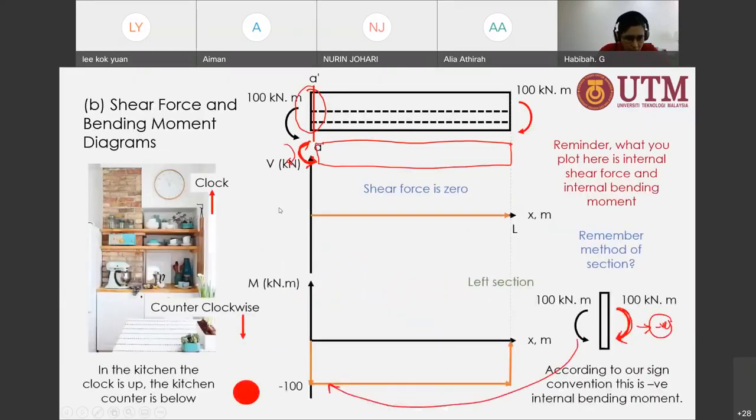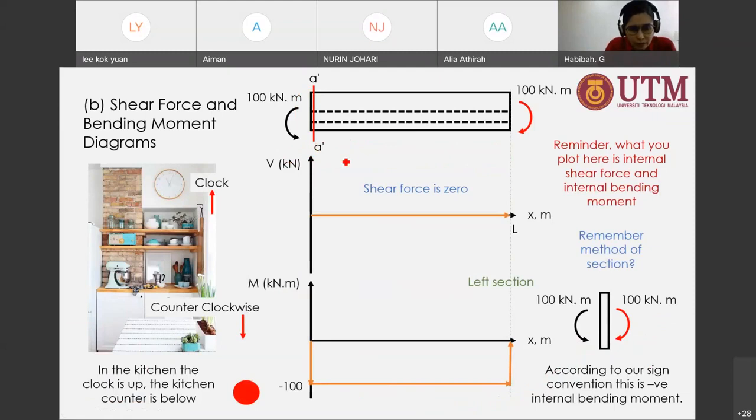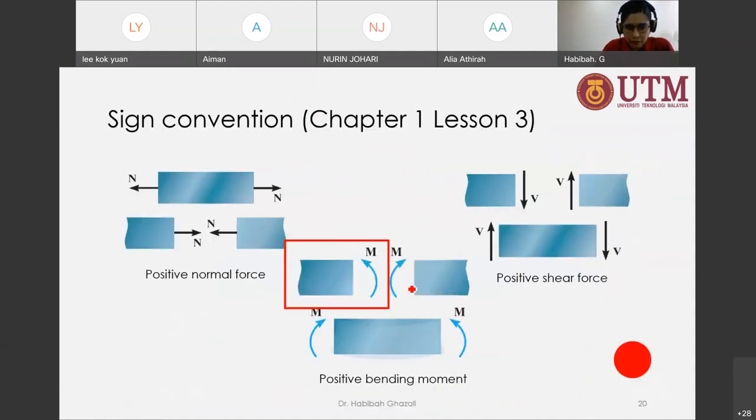Let's go back to see this one. Here it is. So I draw this part. So this is going to go that way, so this one is going this way. Can you guys see this? So according to our sign convention, that is negative.